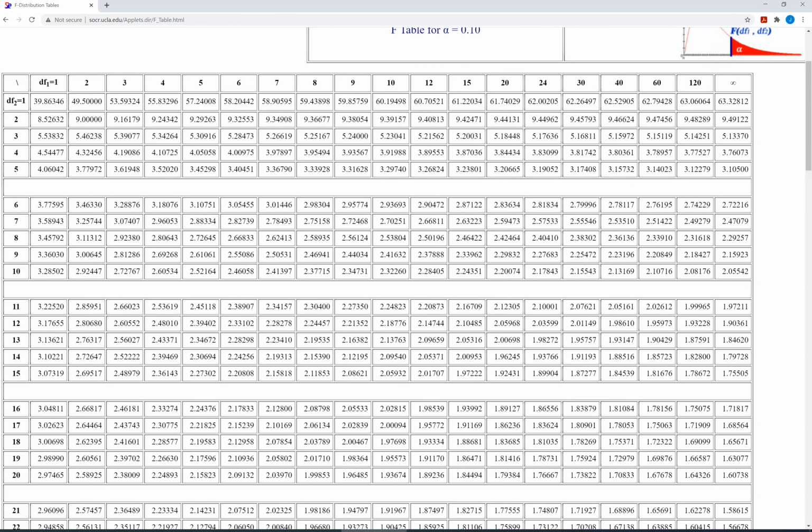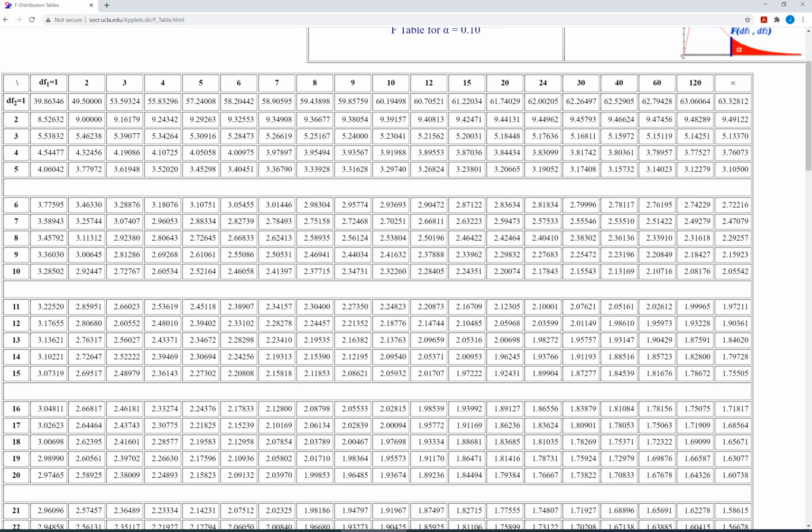So to read these F distribution tables, you have to have lots and lots of different tables, because I have to have degrees of freedom for my numerator and degrees of freedom for my denominator, and I have to worry about what the confidence level is, right? So for this one right now, the alpha is 0.1. So this one table only gives it to you if alpha is 0.1.